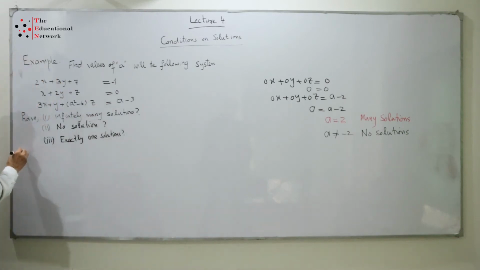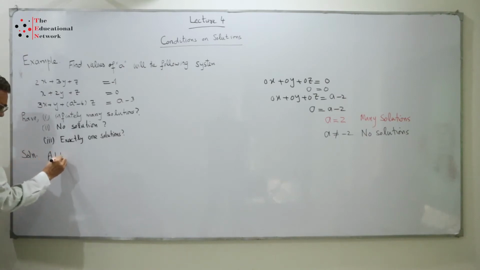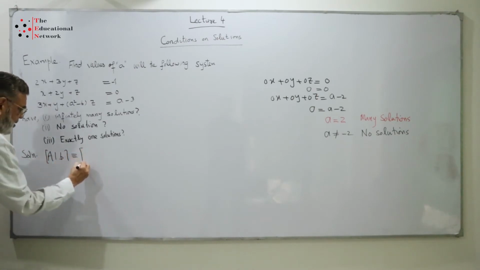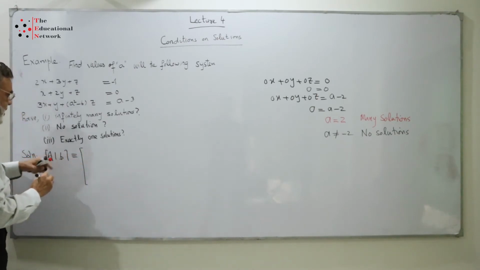So for our solution, we always write our A and our B. Our A is the matrix of coefficients, B is the matrix of constants, and that's my augmented matrix.